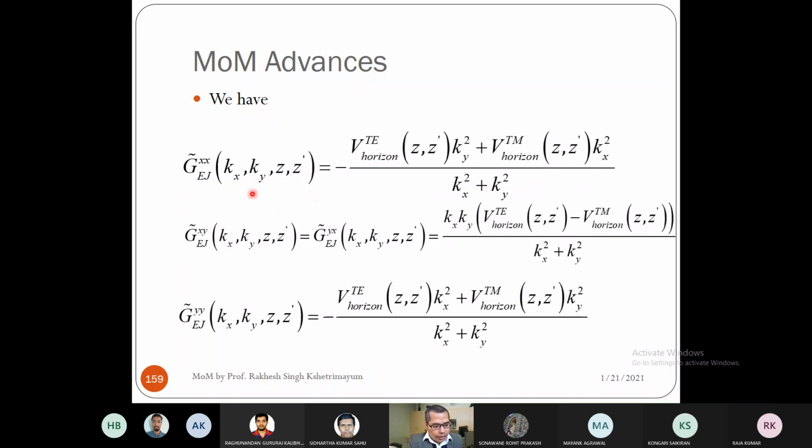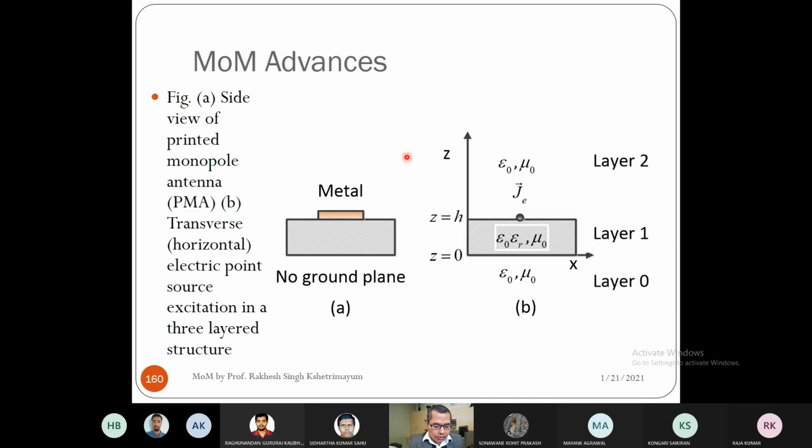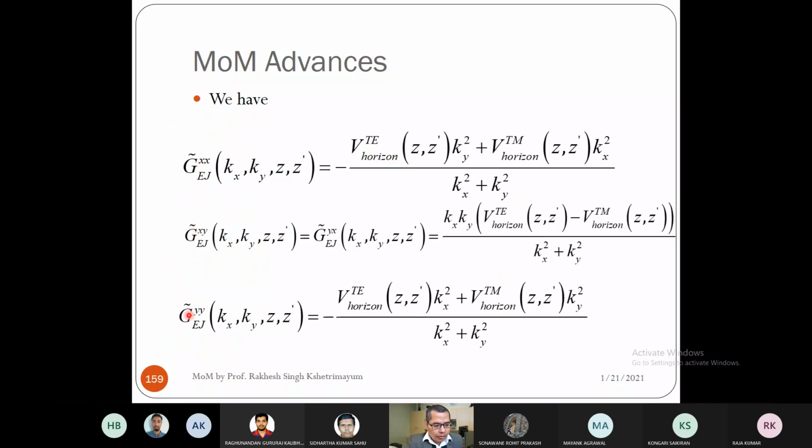So finally, the Green's function expression for xx, xy, yx and yy turns out to be this. We just need to find out this voltage for the TE and TM case from the equivalent circuit model. So let us take simple examples to find out how you find that voltage, use this formula, and find out the Green's function xx, xy, yy and yx components.